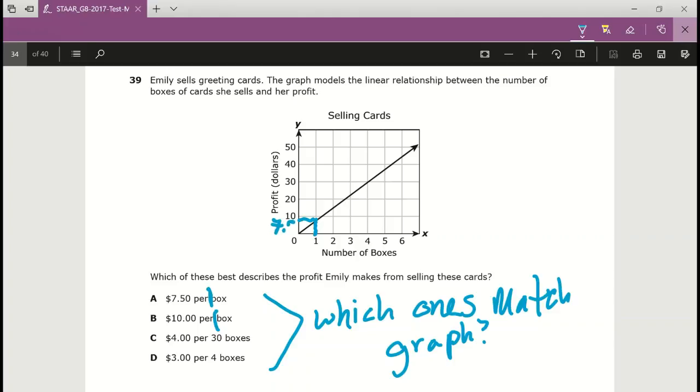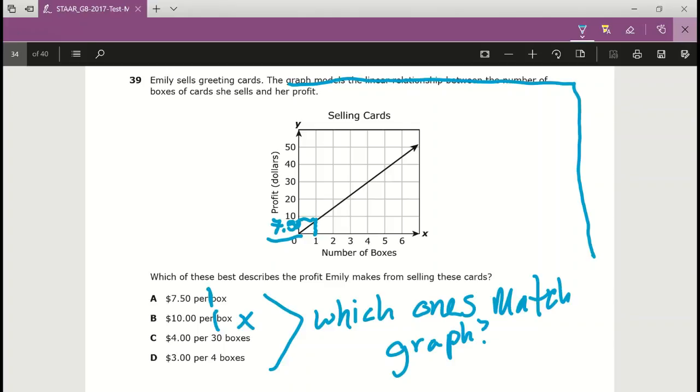Let's check the others. So choice B says we're 1 box, we go over, and we're at 10. So this choice B does not work, because if we go up from 1, we're not at 10, we're at $7.50, right? Here, 30 boxes would be all the way out here, and if we do a line up and over, we would be much more than $4.